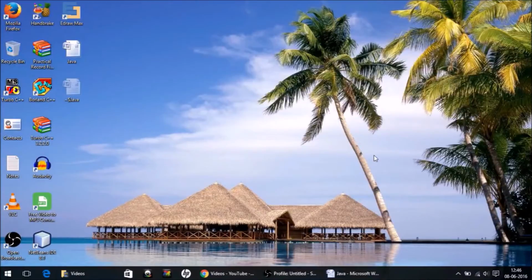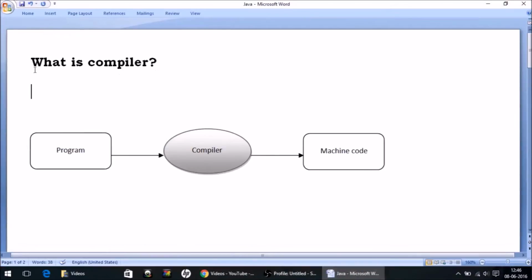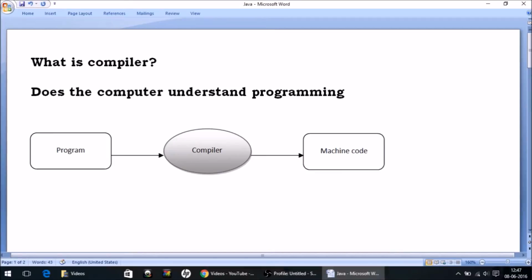In this video, I will be explaining you the concept of compiler. The big question when we are learning any programming language like Java is, does the computer understand programming language?